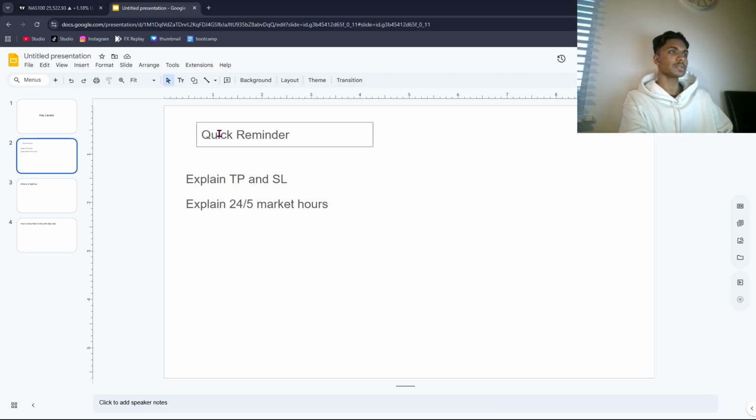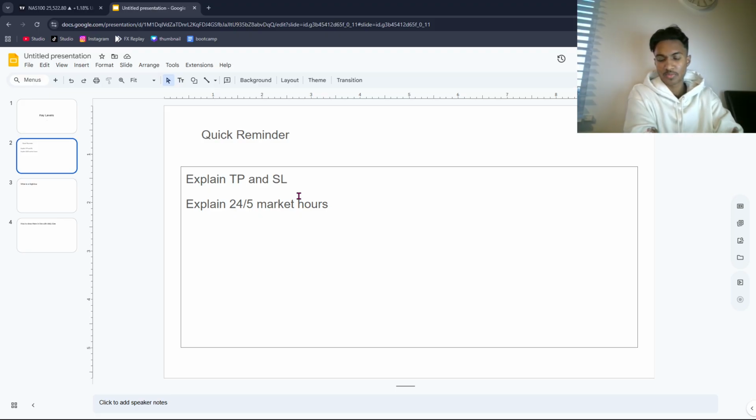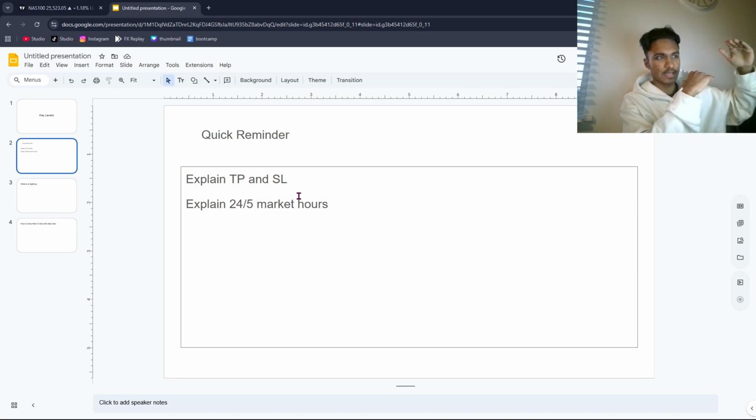Yeah. So, a quick reminder, right? A couple people asked me to quickly explain TP and SL again. So, I must have not explained it well or something. But essentially, the best I can explain is a TP is basically an automatic procedure. So let's say you set your TP here and price is here.